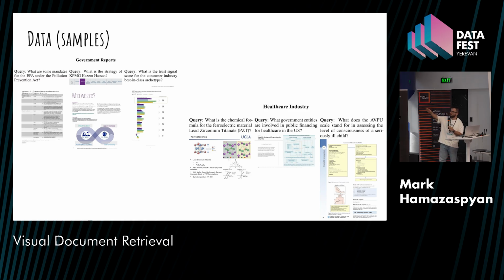For this query, we need to retrieve and find from 1,000 pages the correct page where the answer to this query most probably will be. And you can see there is a lot of graphical and visual information that will not be captured if we just treat this document as text.